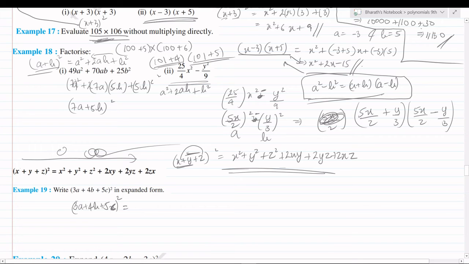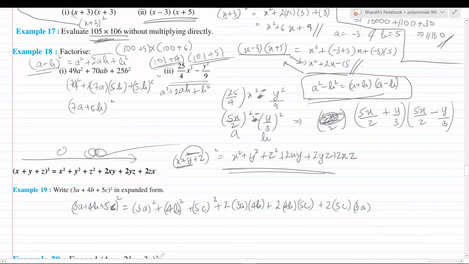See, without saying, 3a whole square plus 4b whole square plus 5c whole square plus 2 into 3a into 4b plus 2 into 4b into 5c plus 2 into 5c into 3a.